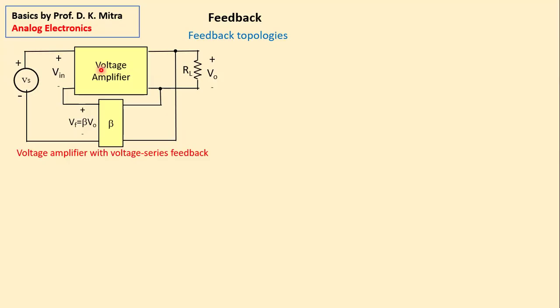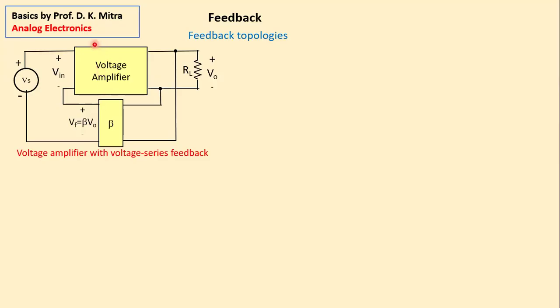Everybody calls it a voltage to current converter. There is another one which is a current to voltage converter, where input is the current, output is the voltage, and the transfer ratio is voltage by current. So it is called a transresistance amplifier. These are all bookish names, but in industry, everybody calls it a current to voltage converter.